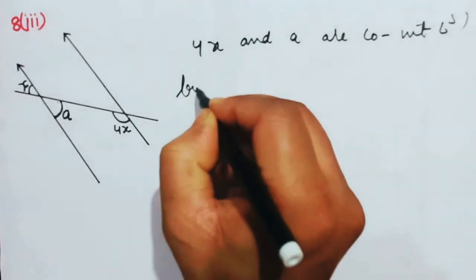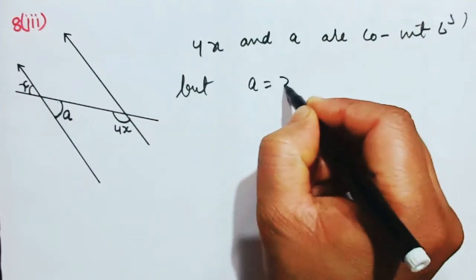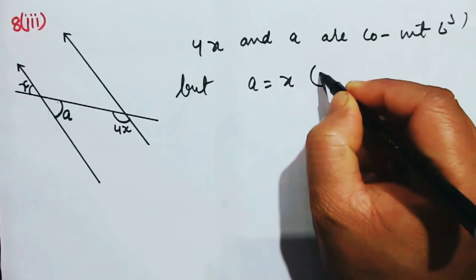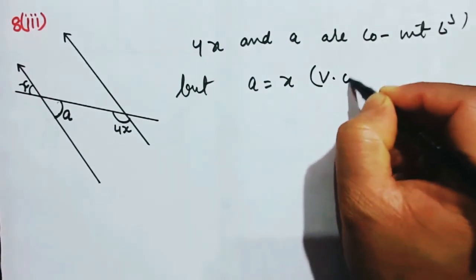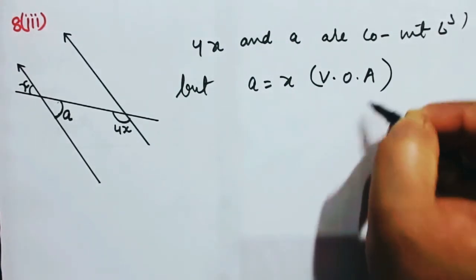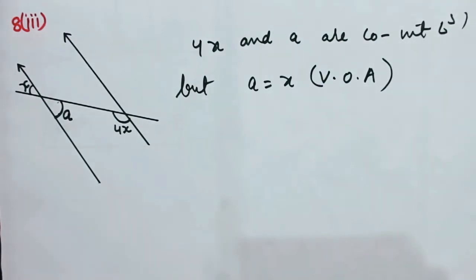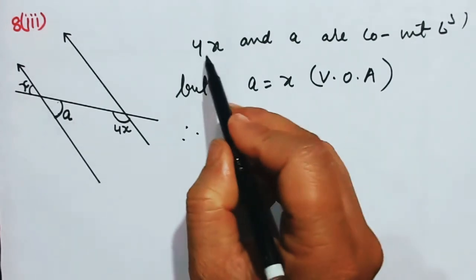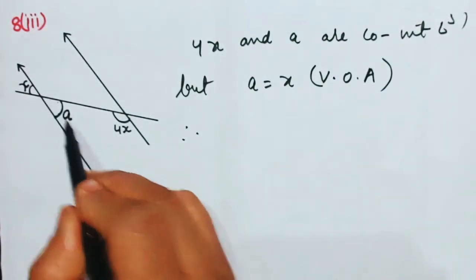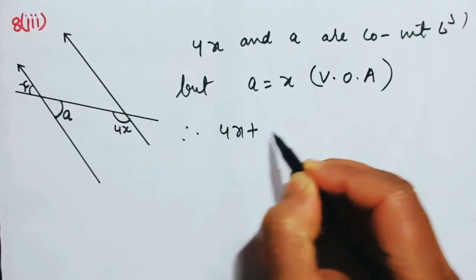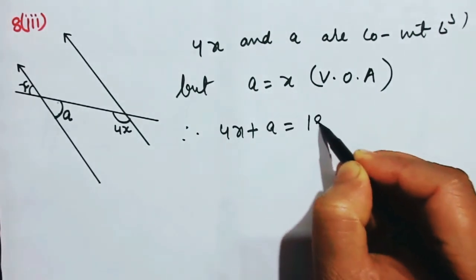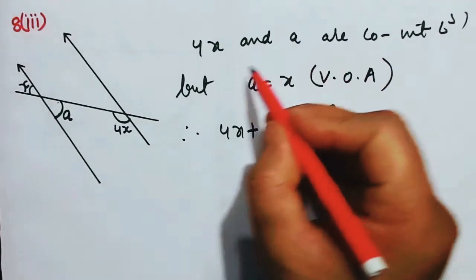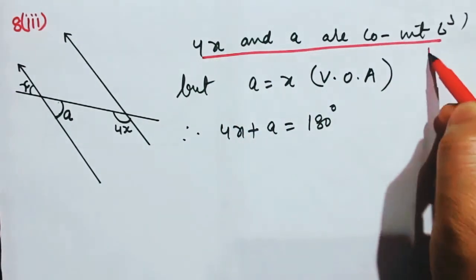But A is equal to x. Why? Because they are vertically opposite angles. Therefore, 4x plus A will be equal to 180 degree, because I have already mentioned that 4x and A are co-interior angles.